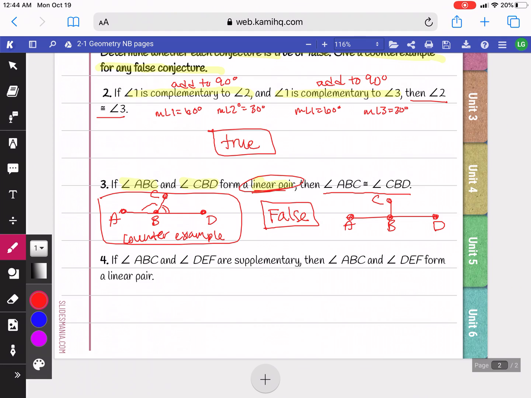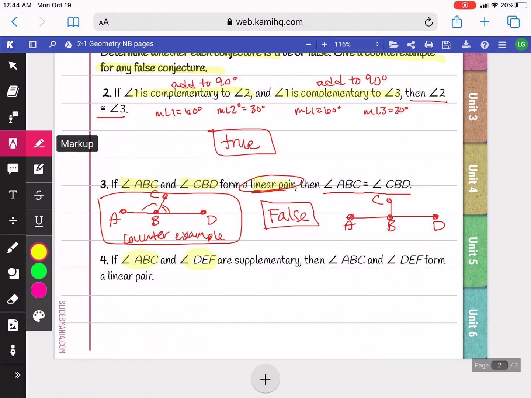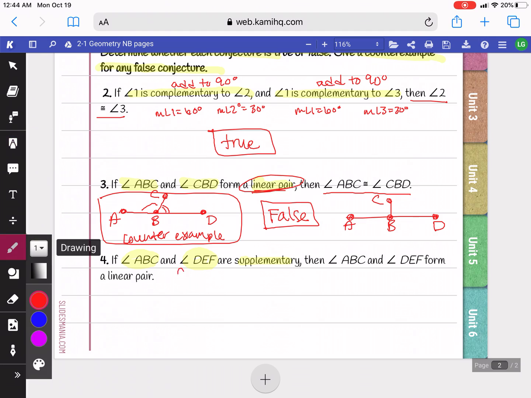Question 4 says angle ABC and angle DEF are supplementary. That means they add to 180. If I draw these out, ABC and DEF, I'm not putting these touching each other because they don't contain common points.